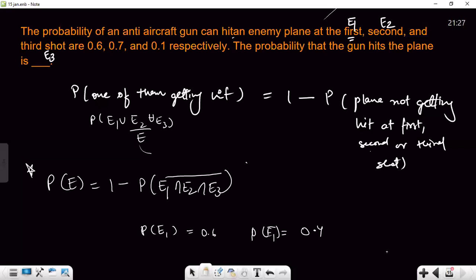Similarly, the probability of E2 not happening is 1 minus 0.7, which is 0.3. Is that clear? How am I writing it? Yes, sir. 1 minus 0.1 is 0.9.